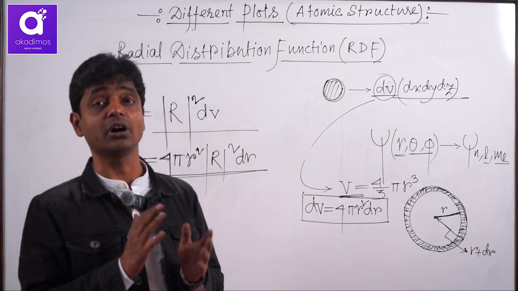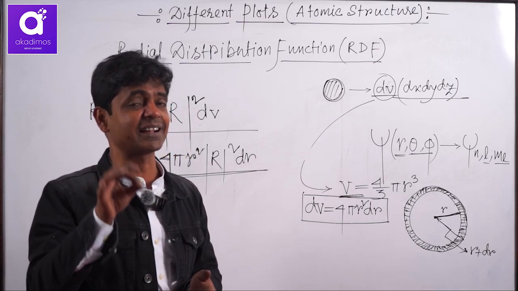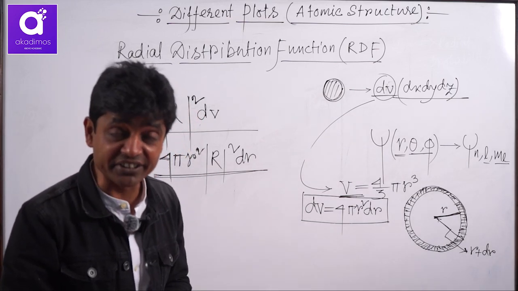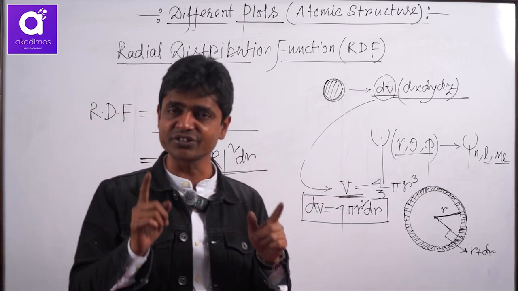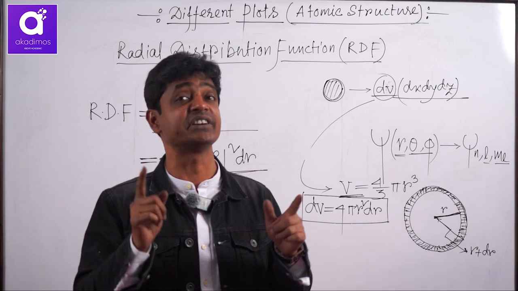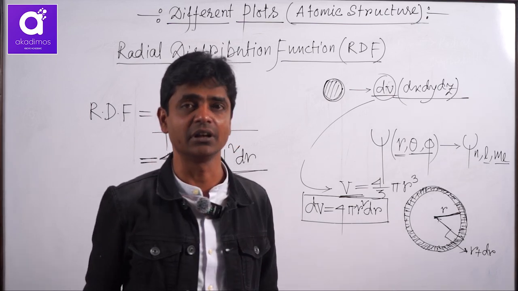Other orbitals or subshells, P, D, F, are 0 at the origin. But here, when you plot the radial distribution function versus radius, you will get 0 at the origin.